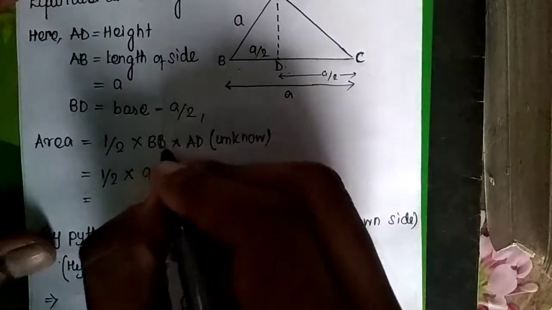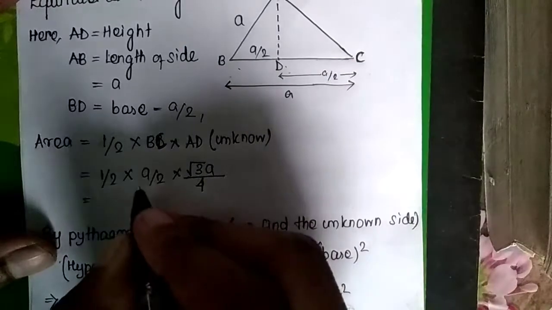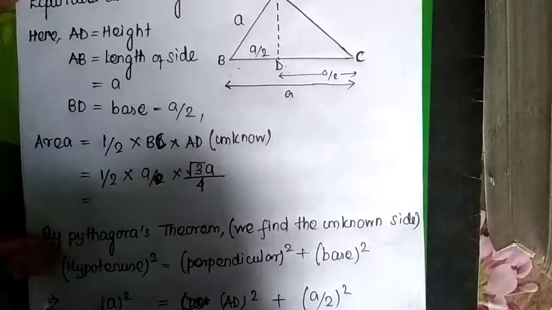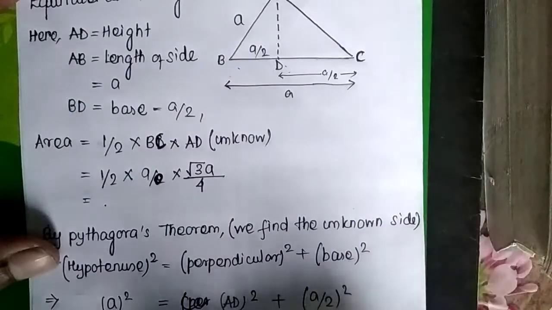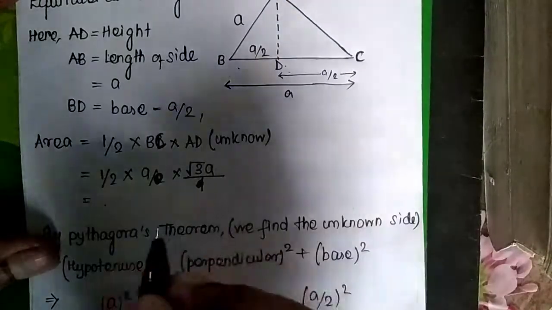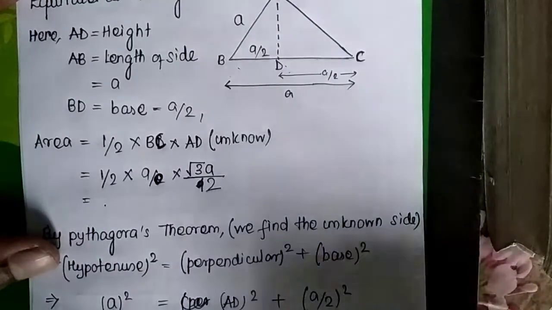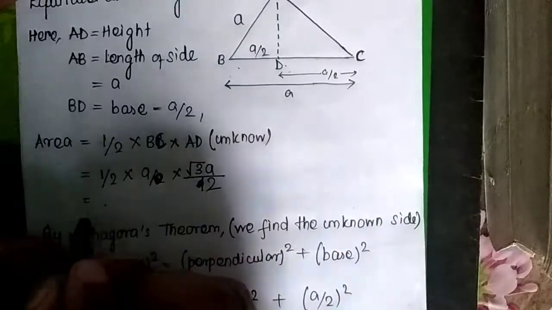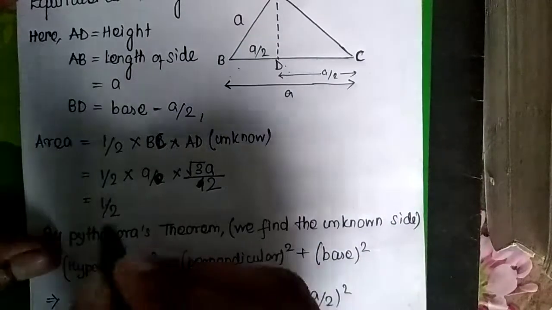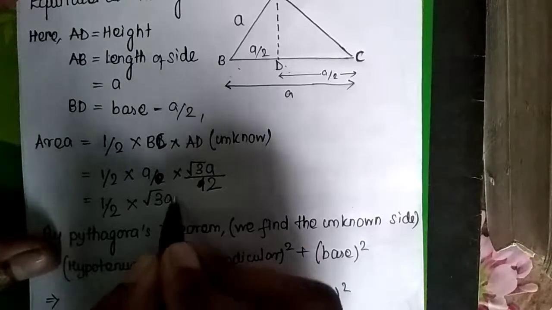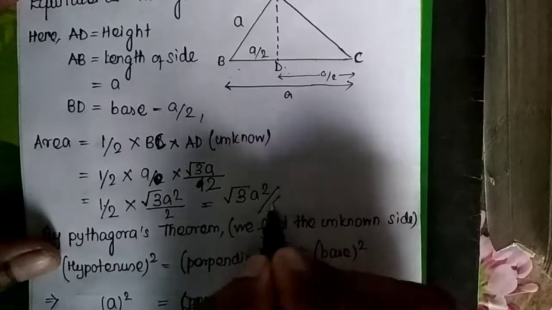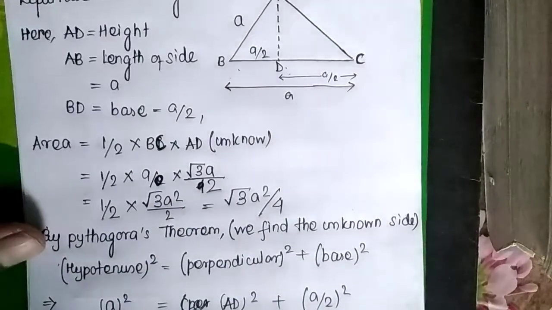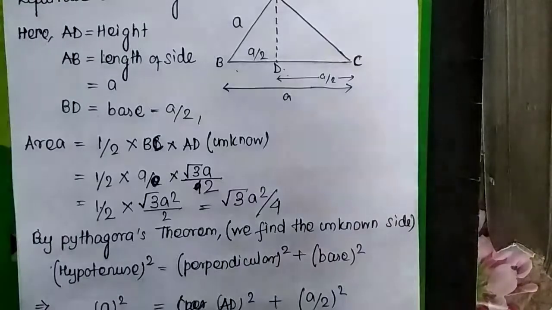Half into, sorry, it will be BC, which equals A, not A by 2, and at last we get half into root over of 3 A square by 2, which equals root over of 3 A square by 4, which is the required formula for the area of an equilateral triangle.